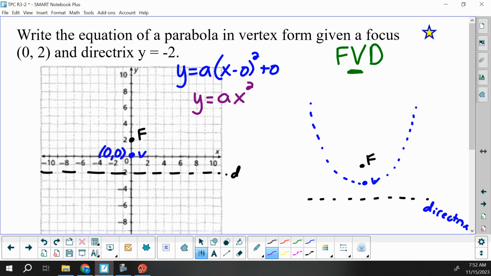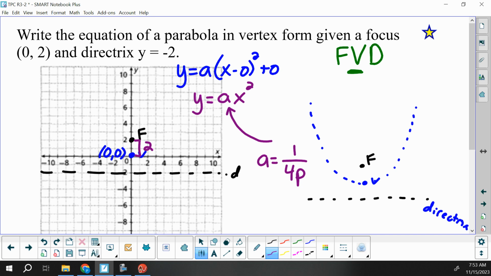In a focus and directrix question, the a value will always equal 1 over 4 times p. Now you might be wondering in your head and asking your neighbor, what is p? P is the distance from the vertex to the focus. So our distance from the vertex to the focus, in this case, is 2.